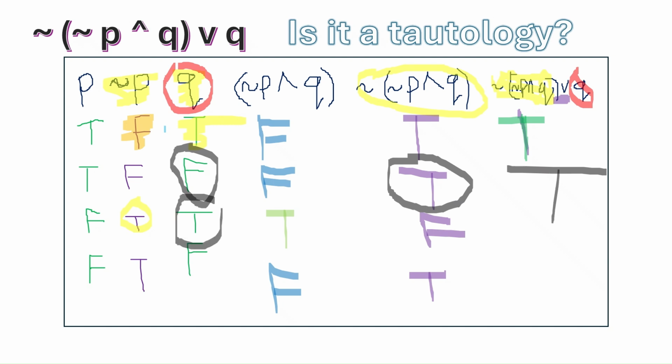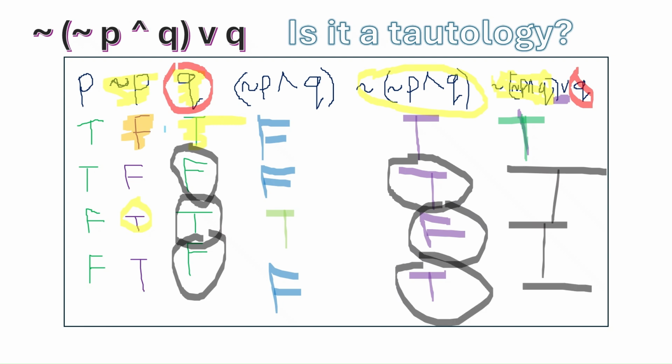Here we have true and false, which means it's true. And finally we have false and another true, which means it's true.